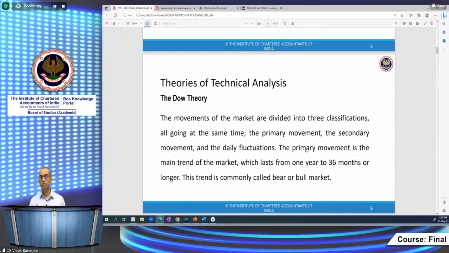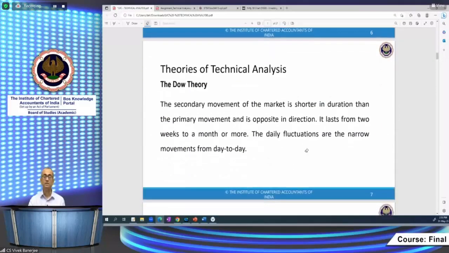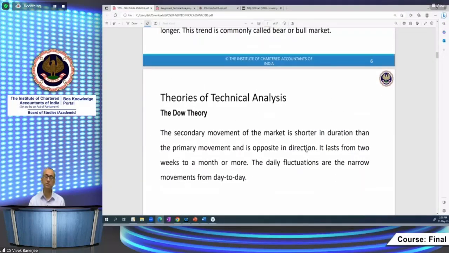So primary movement is the main trend of the market, which lasts from 1 year to 36 months or longer. And this trend may be a bear market or a bull market. The secondary movement of the market is shorter in duration, and it lasts from 2 weeks to a month. And the daily fluctuations are narrow, means day-to-day movements. That is the tertiary trend.